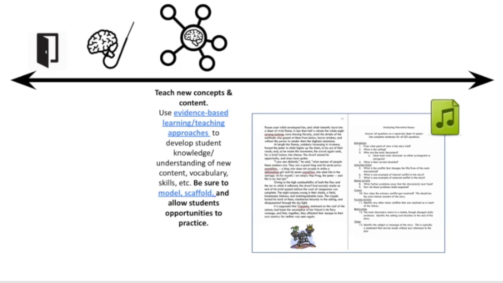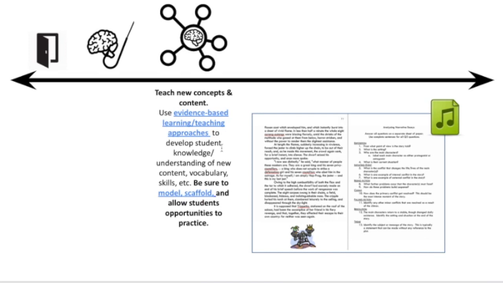All right. So at that point, we might dive in and read and listen to a dramatic reading of the story Hop Frog. We're going to use some evidence-based learning or teaching approaches and make sure that we model and scaffold along the way. So as we go through the story, we might pause and tackle some of these questions together about why characters act, speak, or say certain things, and try and back that up with evidence from the text.